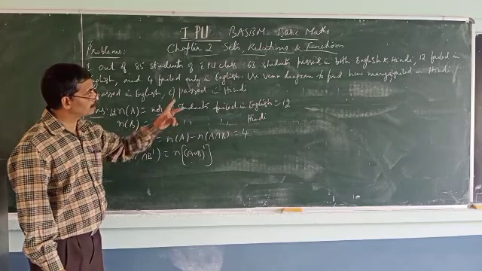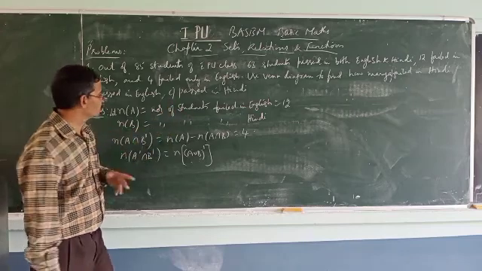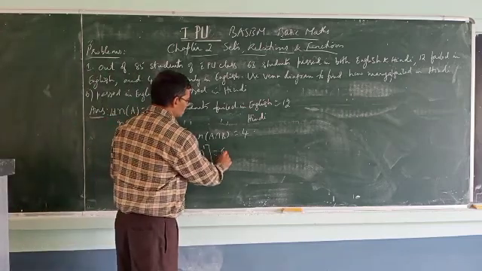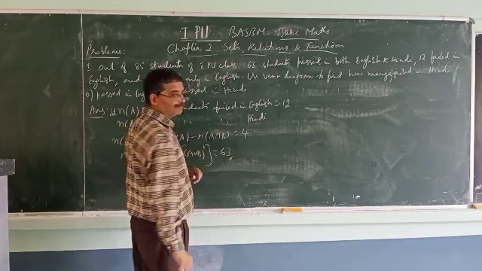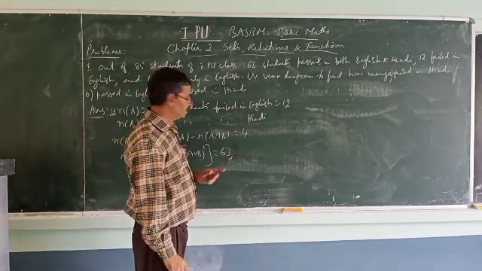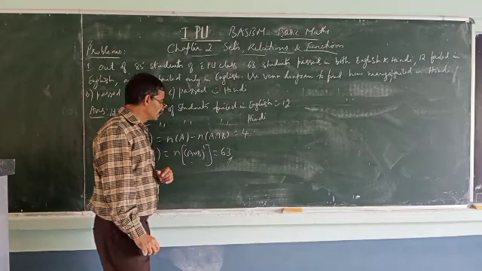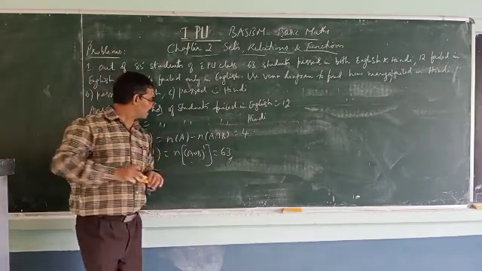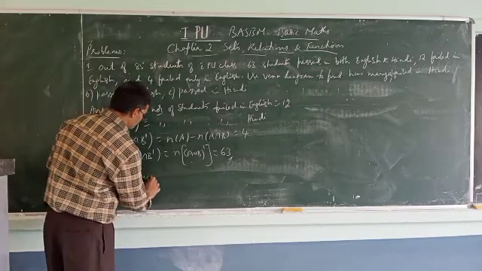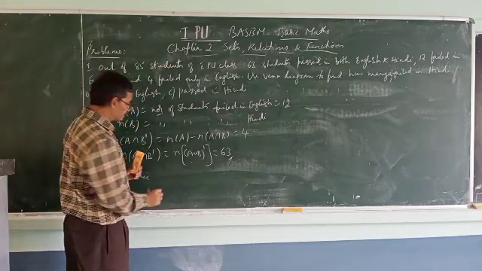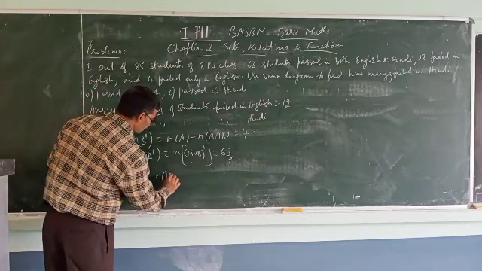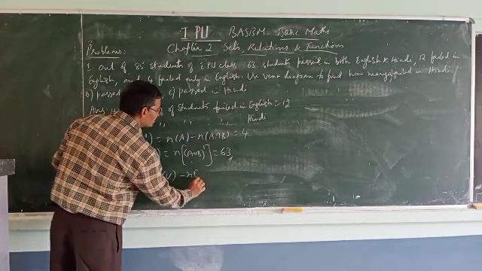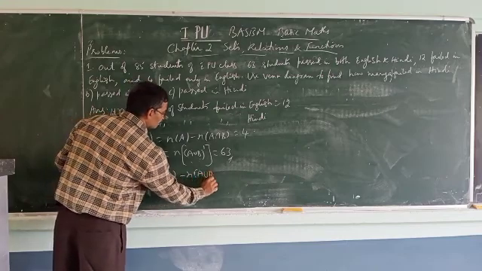So this is equal to 63. But what is N of A union B whole dash? That I will give later. N of A union B whole dash means N of U minus N of A union B.